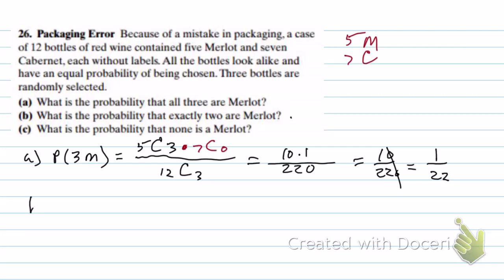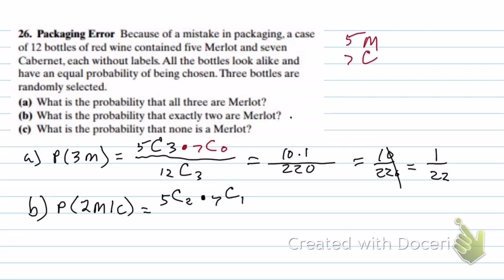Then B, the probability of getting 2 Merlots. But that leaves 1 Cabernet. So I've got 5 Merlots to choose from. I'm picking 2 out of those now. Times, I've got 7 Cabernet.